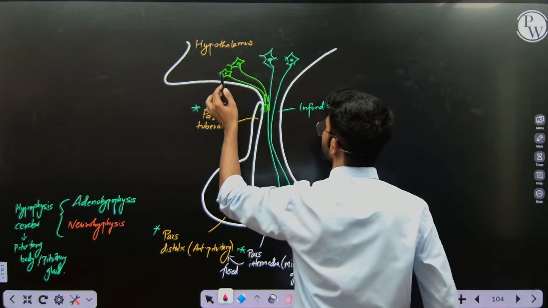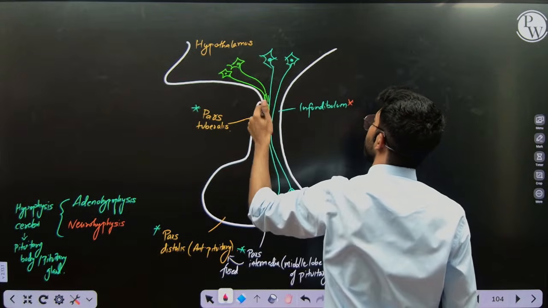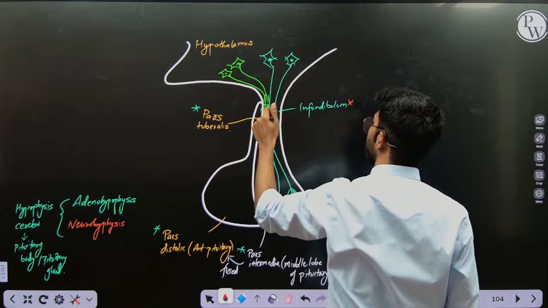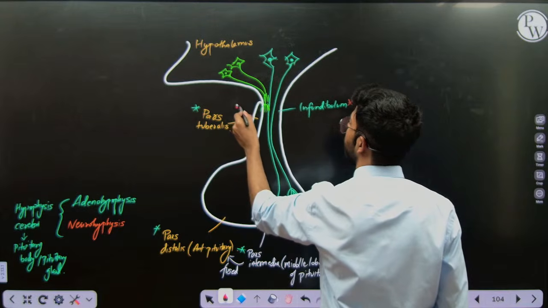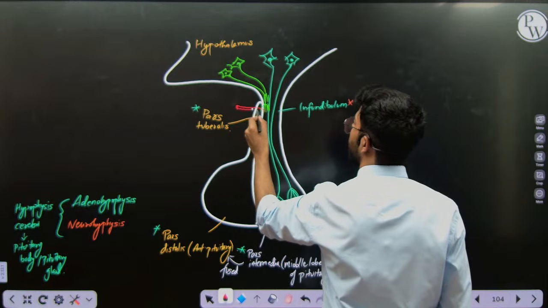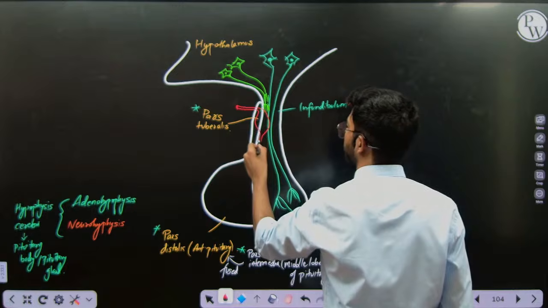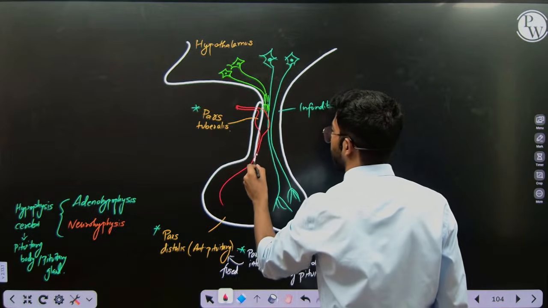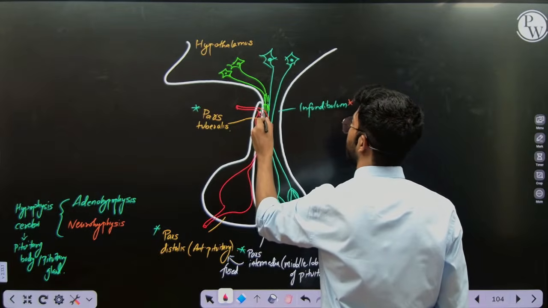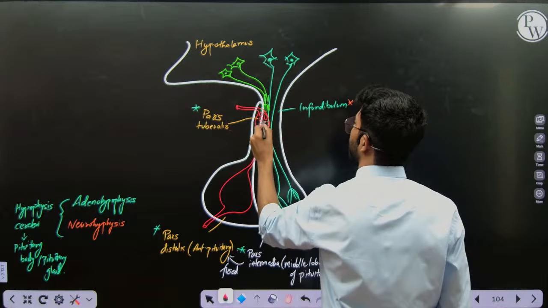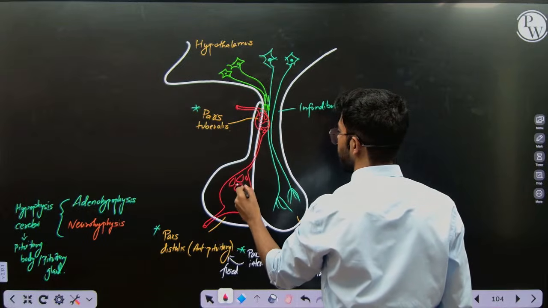But for anterior pituitary regulation, the hypothalamic hormones are released at this site, and then there is a portal circulation, just like this. These are the blood vessels, that means arteries, veins, and capillaries.